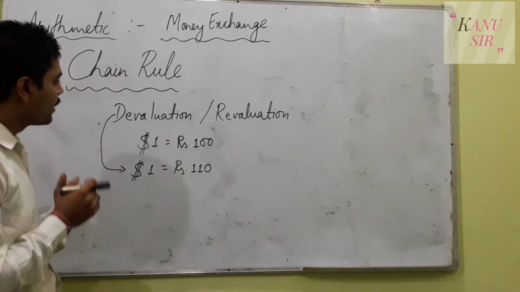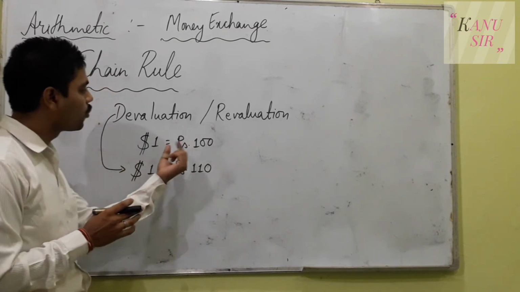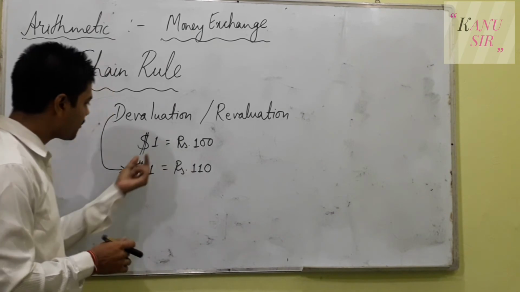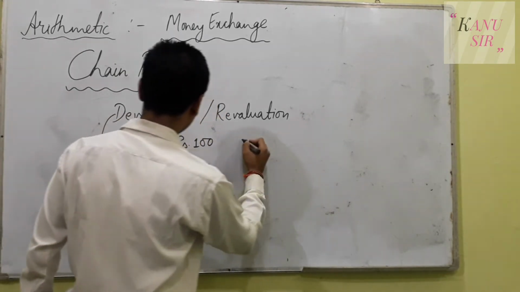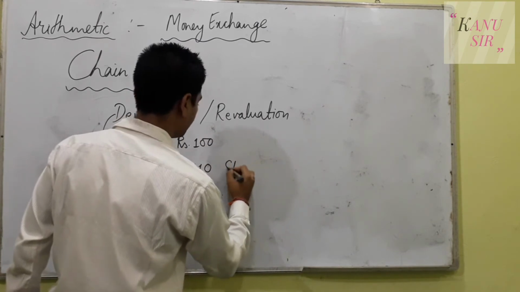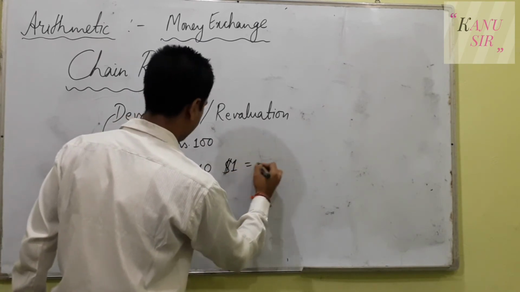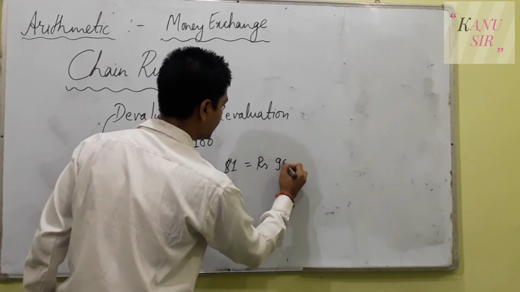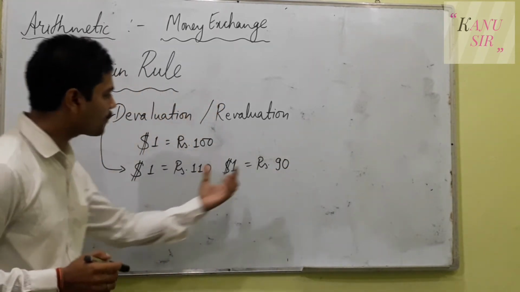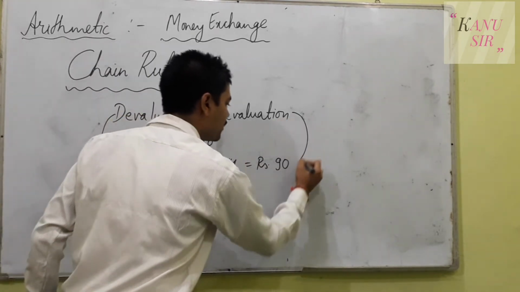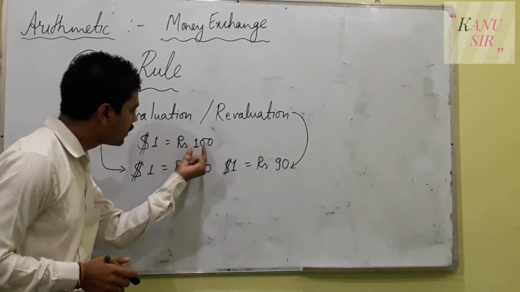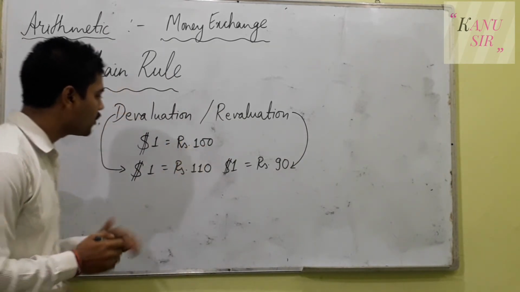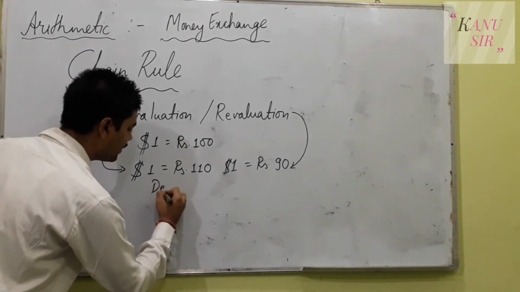The buying capacity of rupees has decreased with respect to the $1. Whereas in revaluation, it will change into 90 rupees. It means the buying capacity of Nepalese rupees has increased. Although the numbers are increasing here, we must understand it is decreasing.